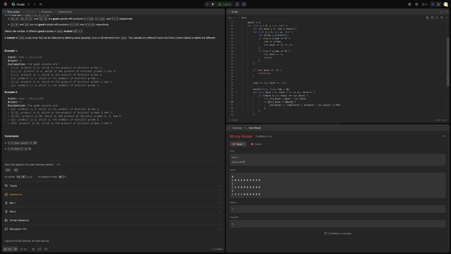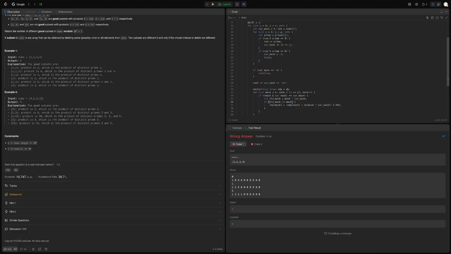It's what? So what if current mask is 0? That's the only case for 1. Everything else is divisible into primes.